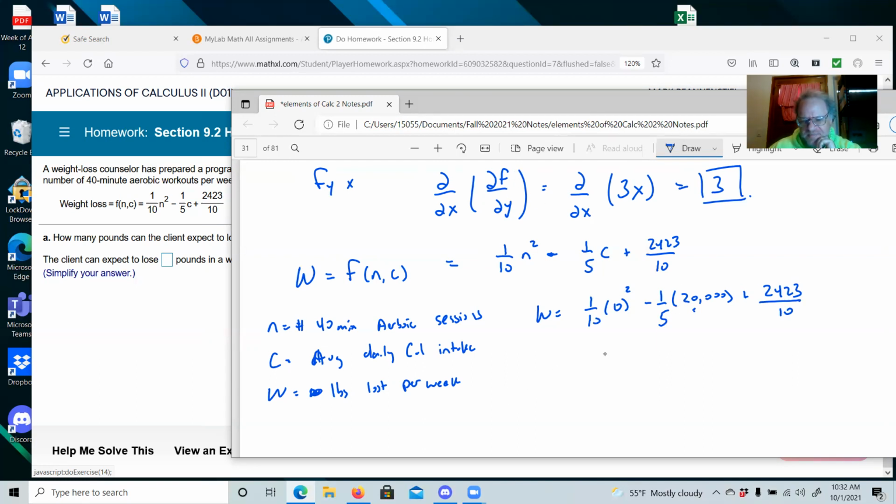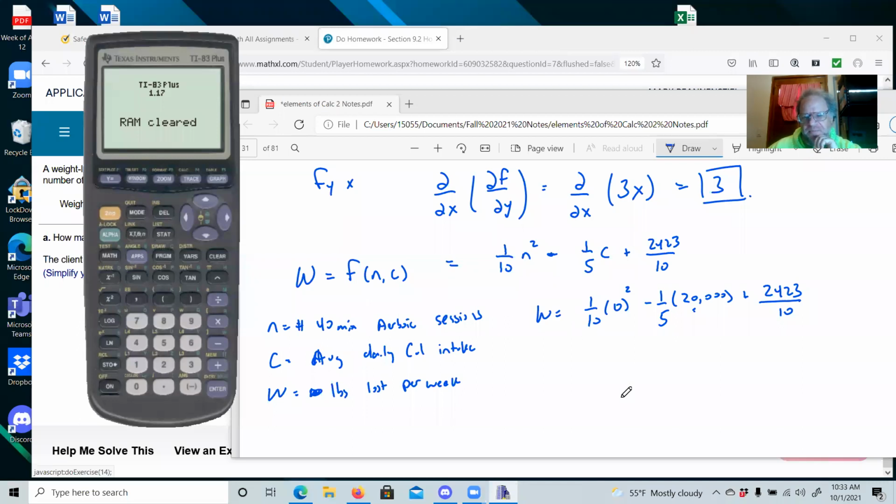Let me pause this and get my calculator back. All right, there we go. So they did no aerobics. They ate 20,000 calories a day. So that's negative 20,000 divided by 5, right?